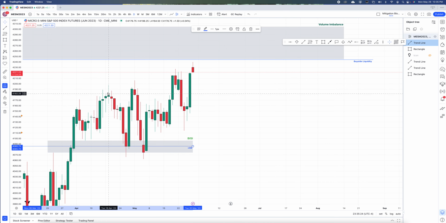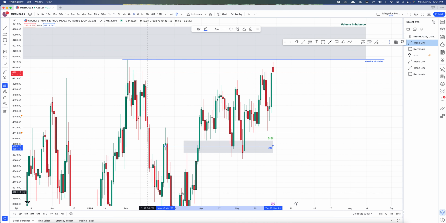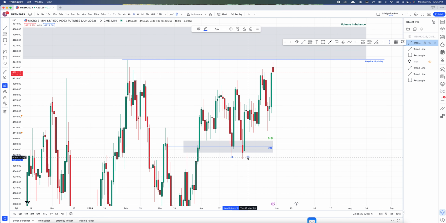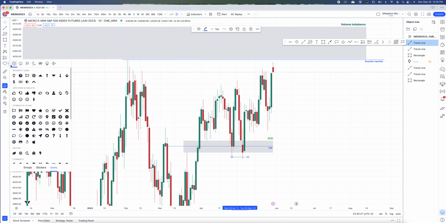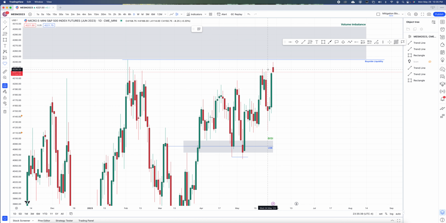So I personally see a sell side taken right here. Now we take our light bulb tool up. Let's see. I don't know how to go about this. So short-term high taken right here.